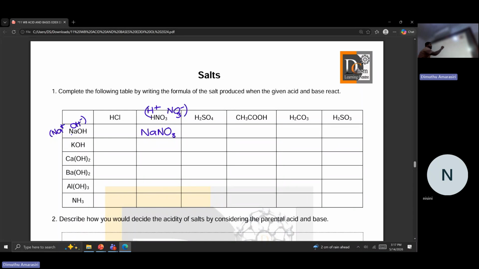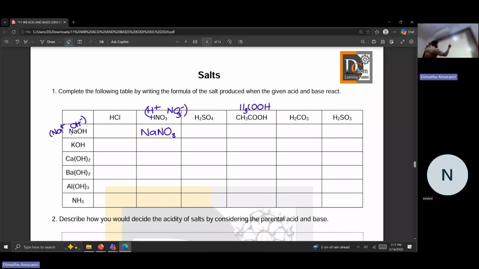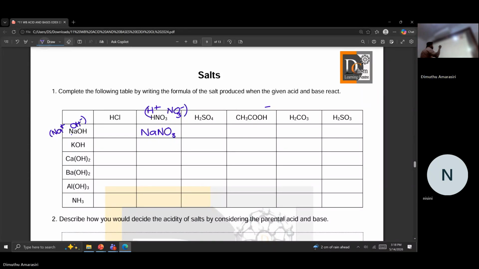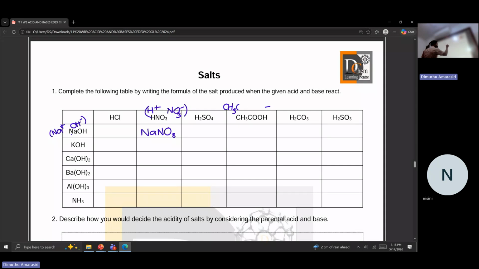And ethanoic acid, I'll take three examples which are different from each other. Ethanoic acid, the ions are the ethanoate ion and H plus ion, right? So I'll write the ethanoate ion, CH3COO minus, and this is your H plus. If ethanoic acid reacts with, suppose, calcium hydroxide, this is a little tricky.